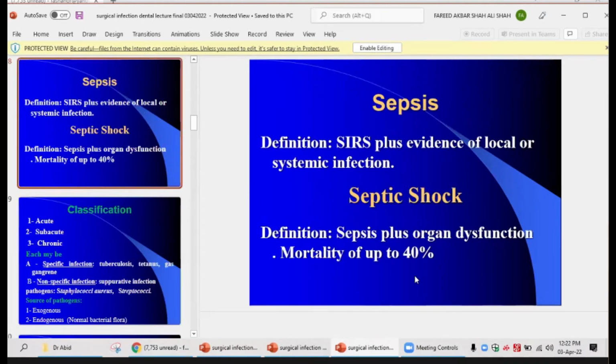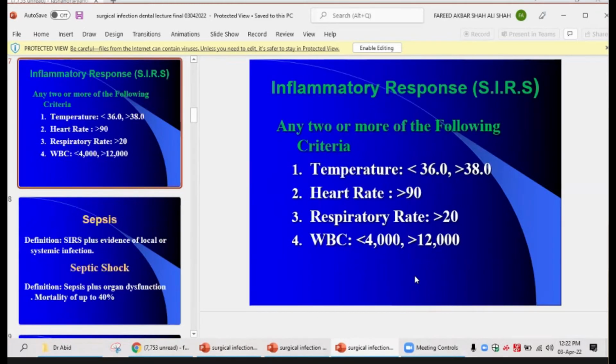And what is sepsis? Sepsis means SIRS plus evidence of local or systemic infection. The previous slide does not say anything about the local presentation of the infection. It only gives the systemic presentation: the temperature, heart rate, respiratory rate, and white cell count.